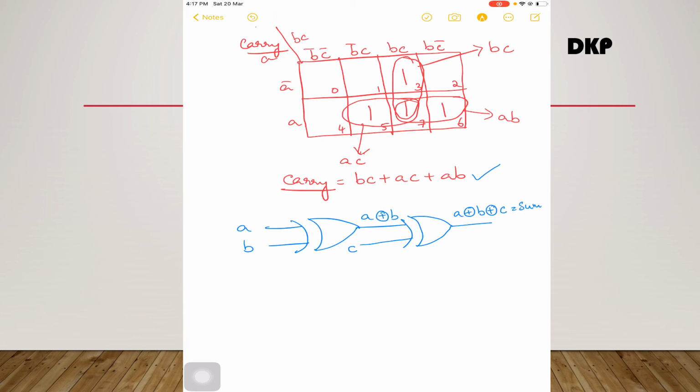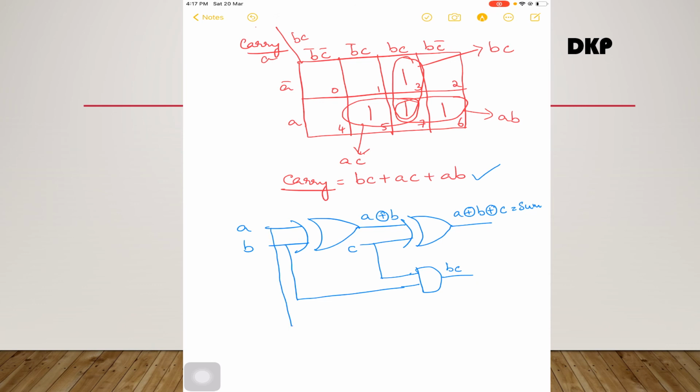This is one output. Next output is carry, equal to BC plus AC plus AB. Give B and C as the input to an AND gate in order to get BC. Next term is AC.